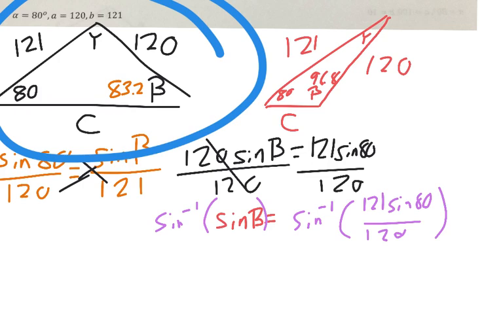A second solution set can be found in this triangle. So I've got to do this same process again in a different triangle. So if beta is 96.8 and alpha is 80, add them up, subtract from 180 to find gamma, which was 3.2.